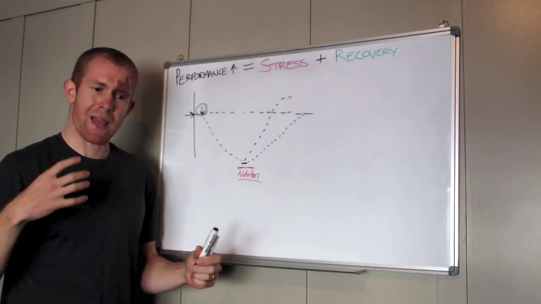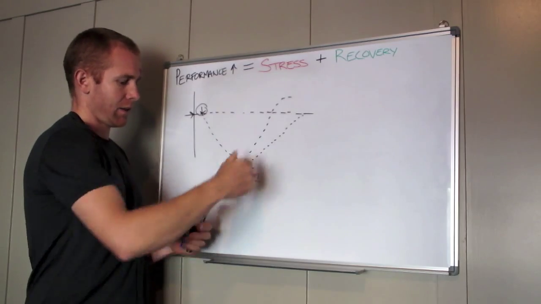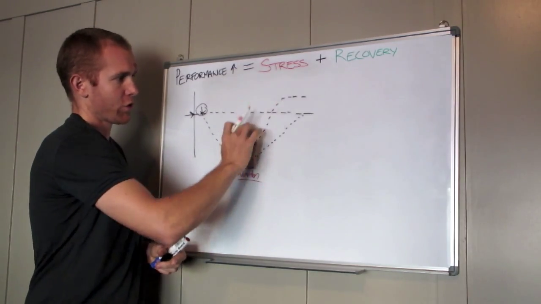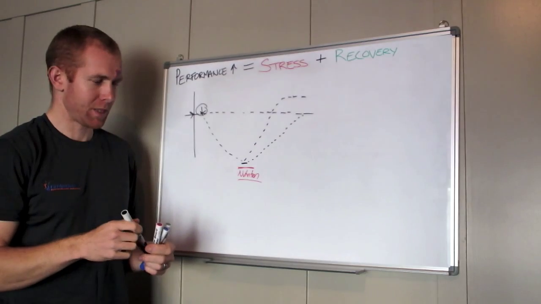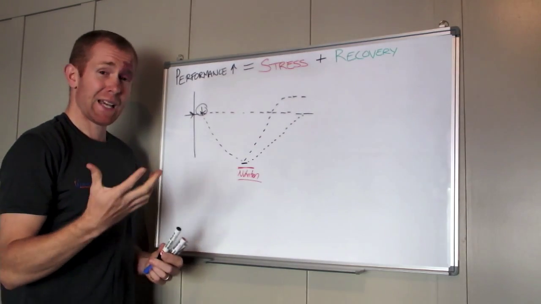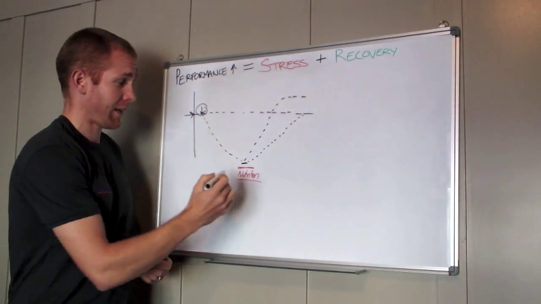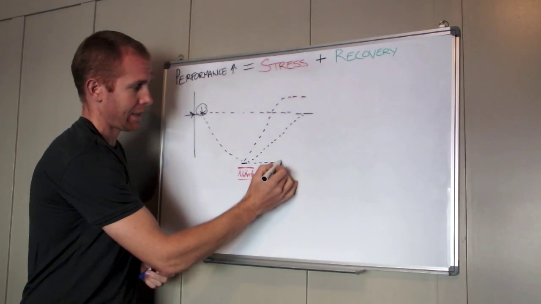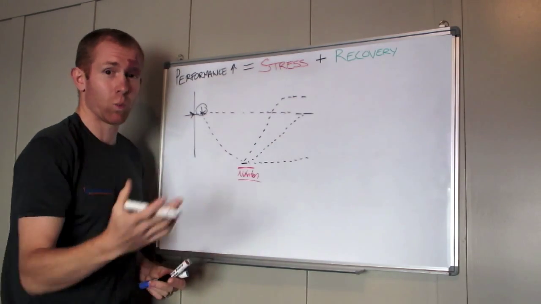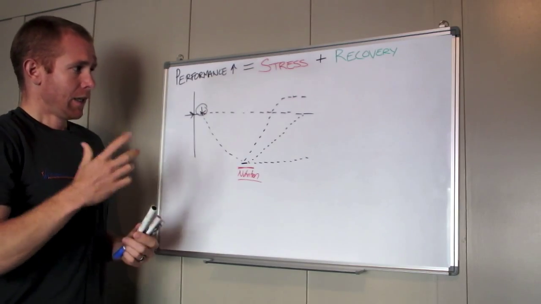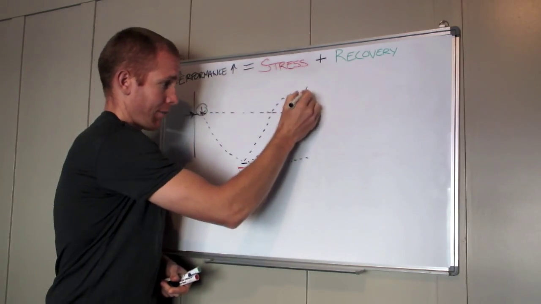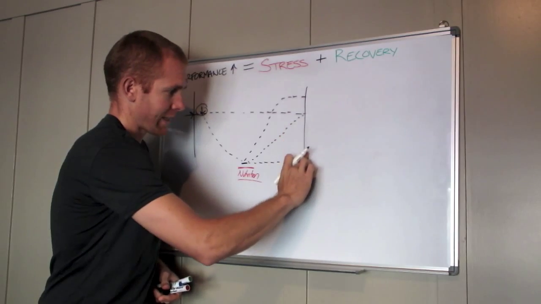Your body doesn't have that extra stuff that it needs to get this super compensation, this reset to a higher performance level. And then obviously the other thing that could happen is you just sort of stay down here whacked out and you get worse.